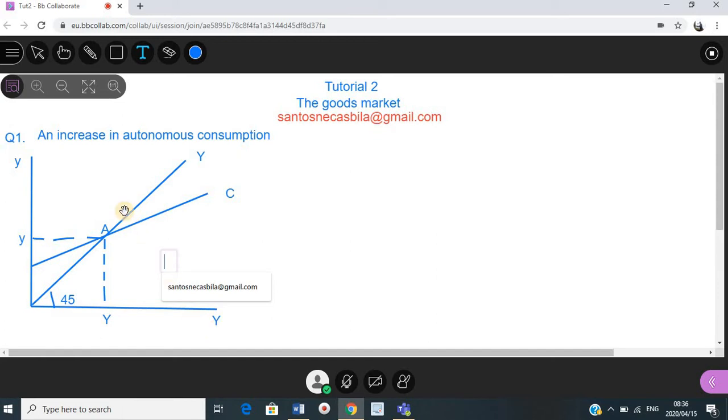Okay, so our question says, what happens to income and demand or production if we have an increase in autonomous consumption? Anything that happens to autonomous spending is going to affect demand, and it's also going to affect our income level.